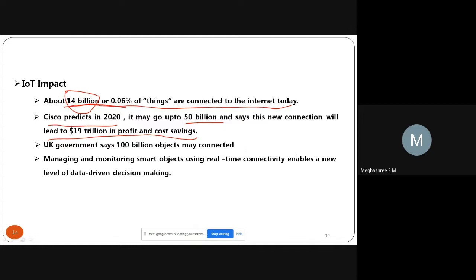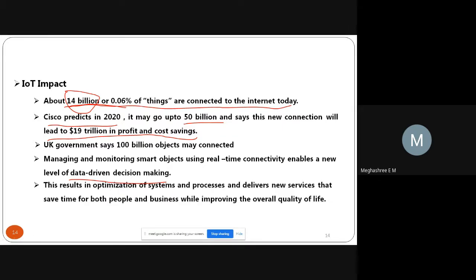If we use smart objects at our home, our office, or anywhere in the factory, then with the help of real-time connectivity we get a new level of data-driven decision making. The data that we obtain from the smart objects, we can use to make decisions. That is what the statement says.